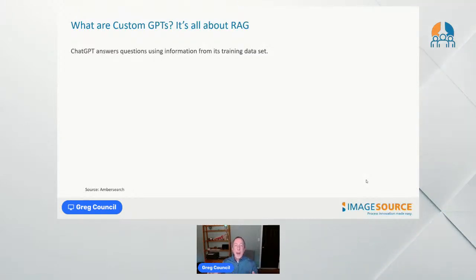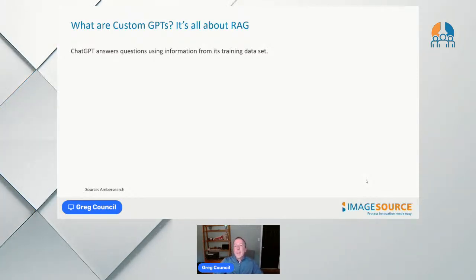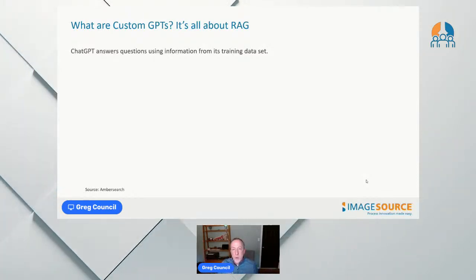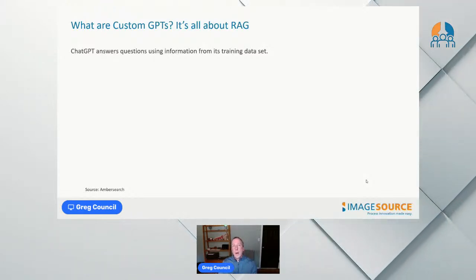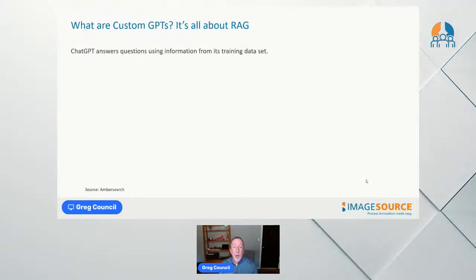It's really about asking questions, those prompts, and getting output that's based on the information on which it's been trained. ChatGPT has been trained on trillions of examples of text.